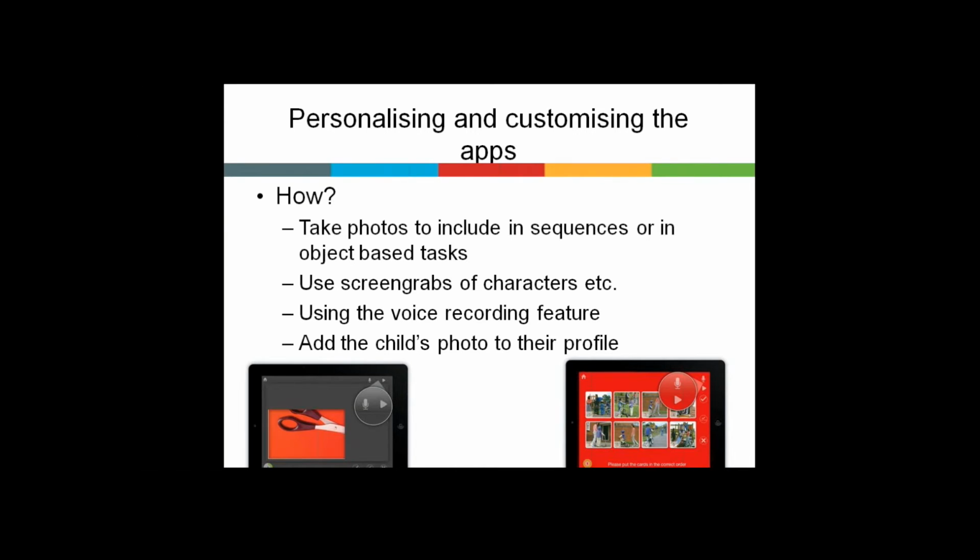You can either take photos with the iPad, or you can import photos if you have images perhaps that a family member has taken that they want to upload. You can do that. You can take screen grabs on your iPad and use those. So you can access pictures of, for example, a local restaurant or the local park that are available online and reuse them in the app.